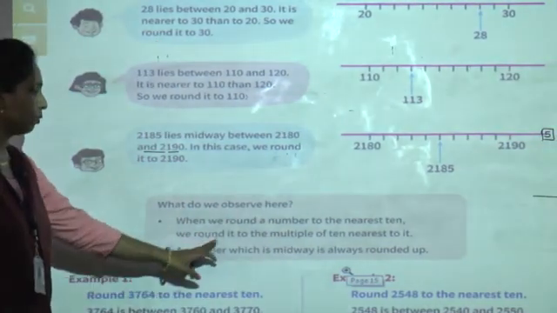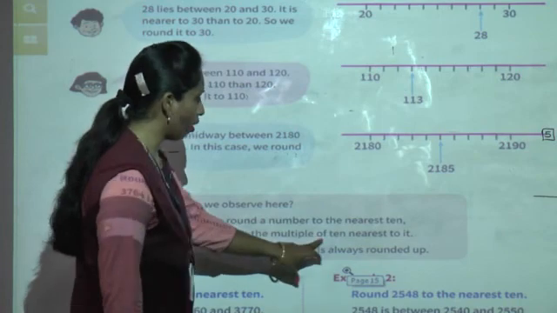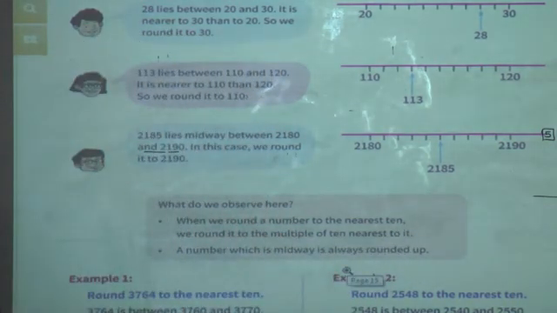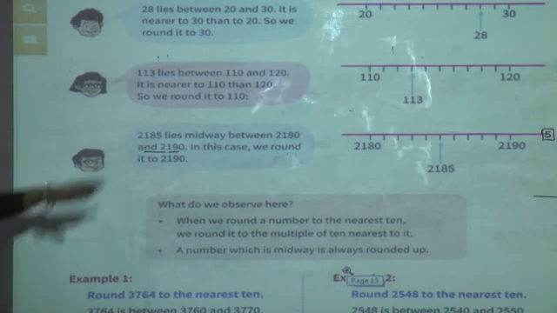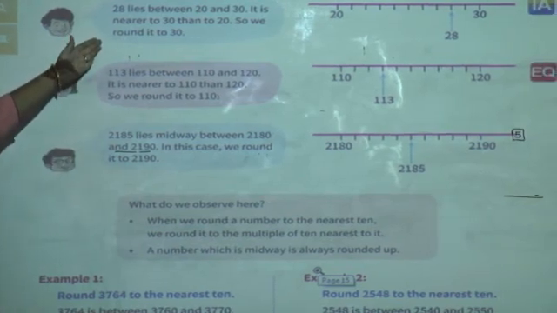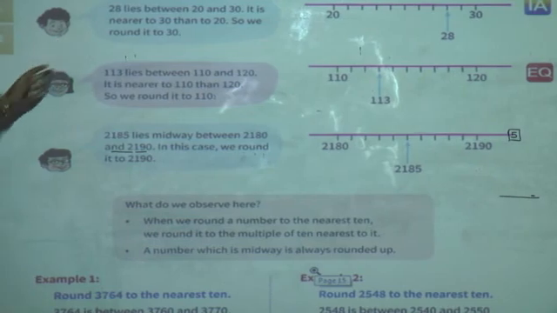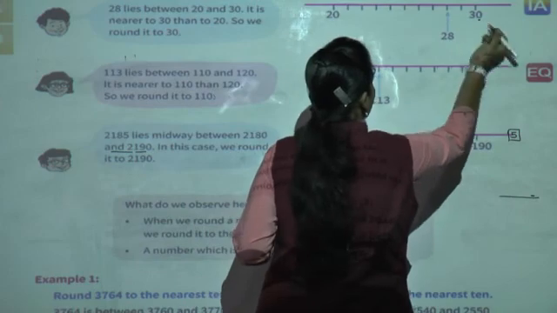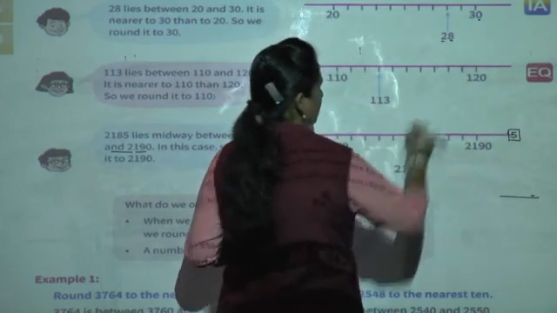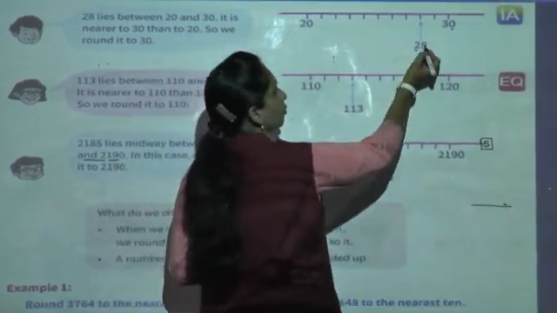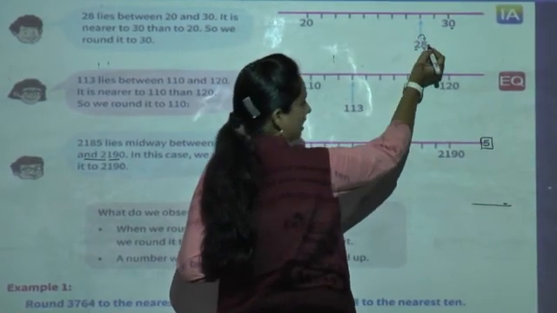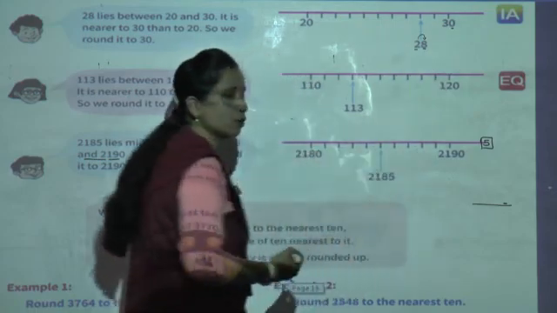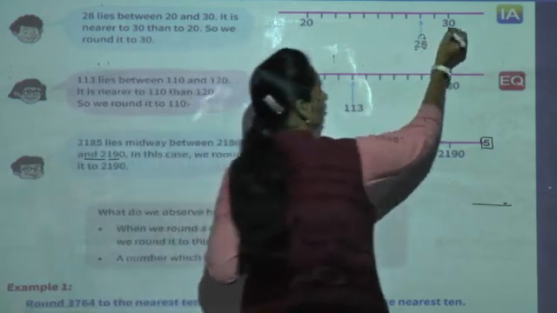Now what we have observed in these 3 questions: when we round a number to the nearest 10, we round it to the multiple of 10 nearest to it. Now this is ones place and tens place. The next digit is 8, so 28 will come nearest to 30.